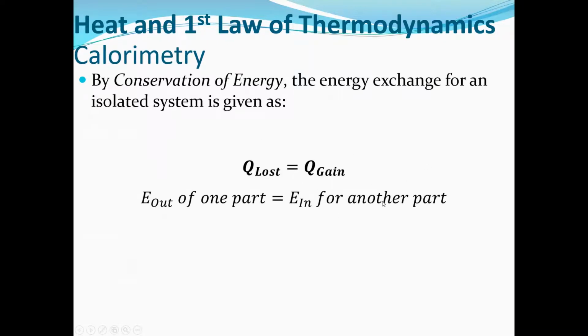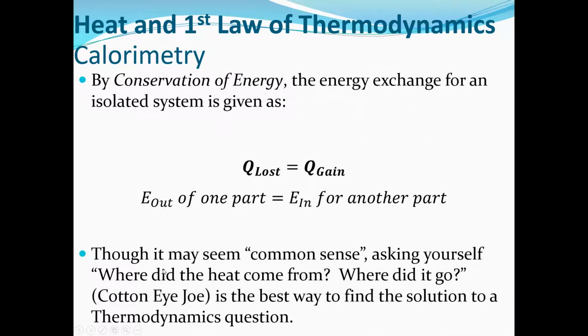So if we have a spoon in a cup of water, if the spoon loses heat, the water has to have gained it. Another way of saying it is that the energy in of one part has to equal the energy out of the other. It's a very important thing. With conservation of energy, you always have to ask yourself, where is the energy coming from and where is it going?